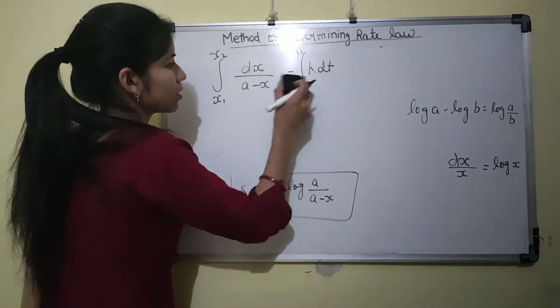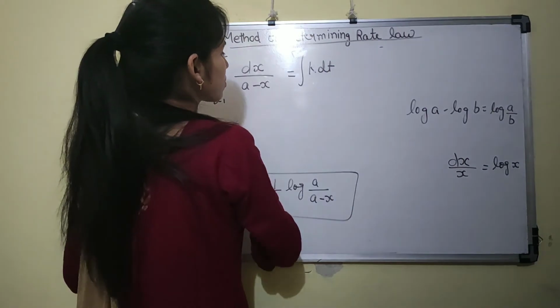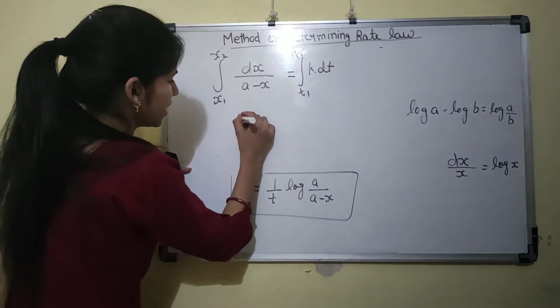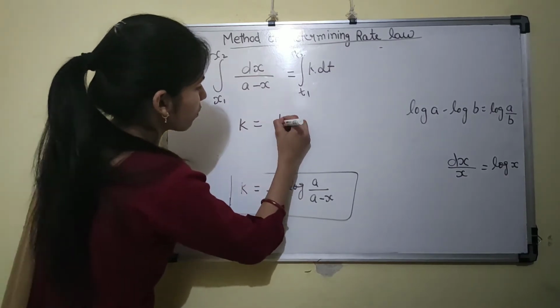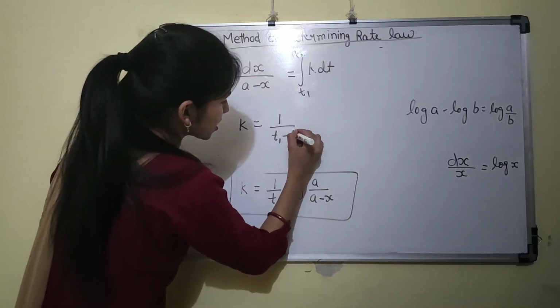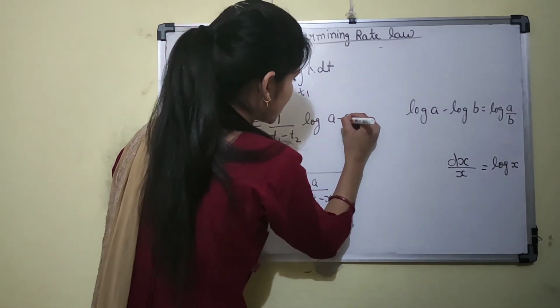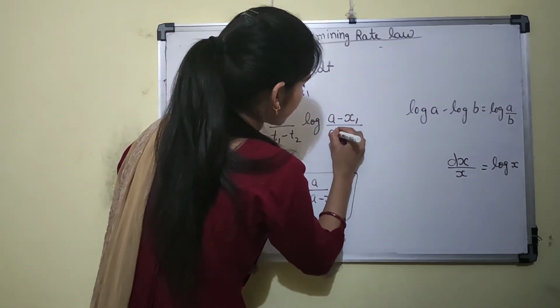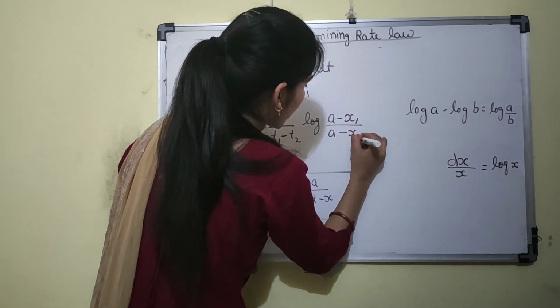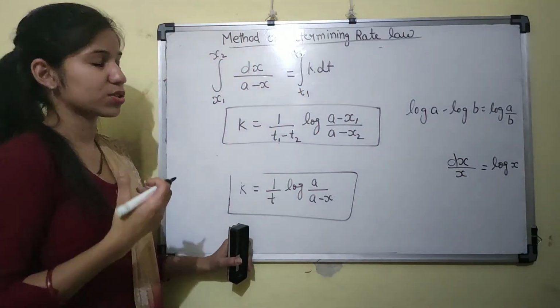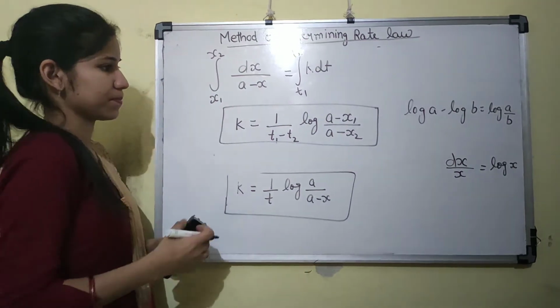So the answer will be k is equal to 1 by t2 minus t1 log of A minus x1 divided by A minus x2. So this is the first order reaction.